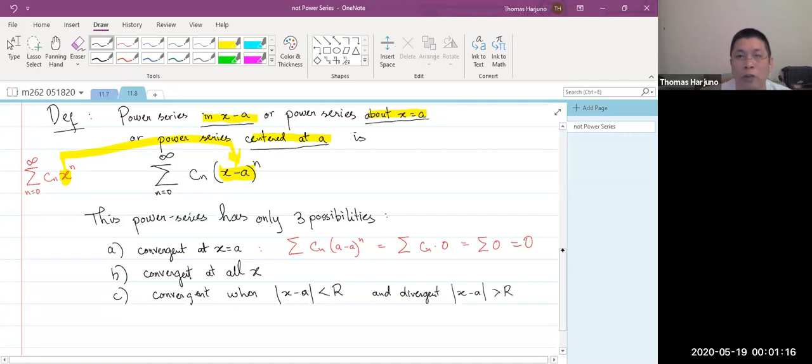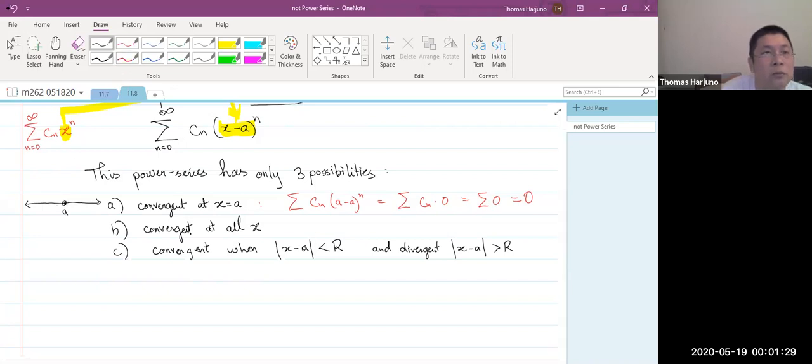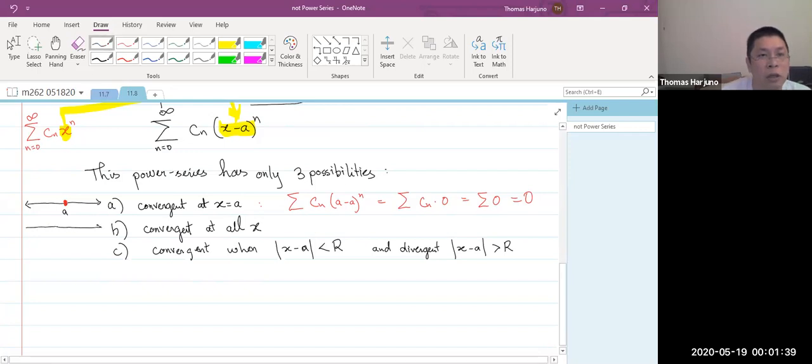So if I try to picture that, the first possibility is it is convergent only at that a. That's one. The second possibility, it is convergent at any real numbers.